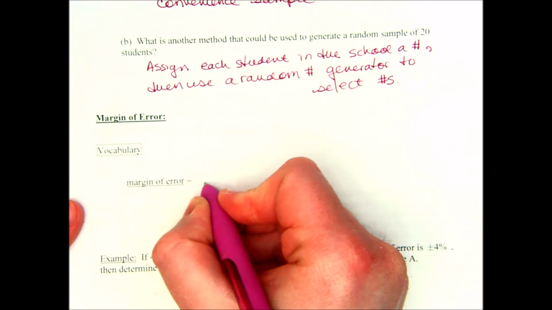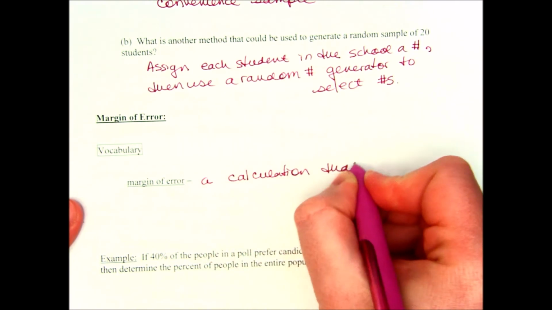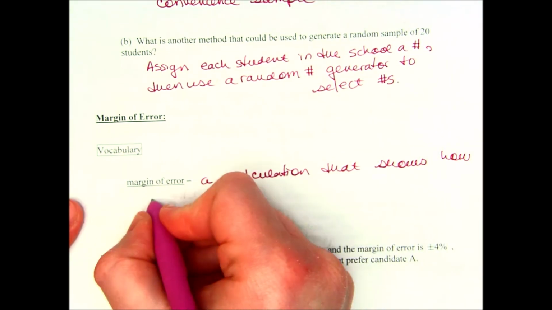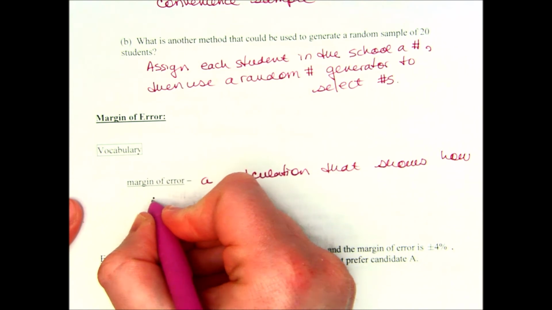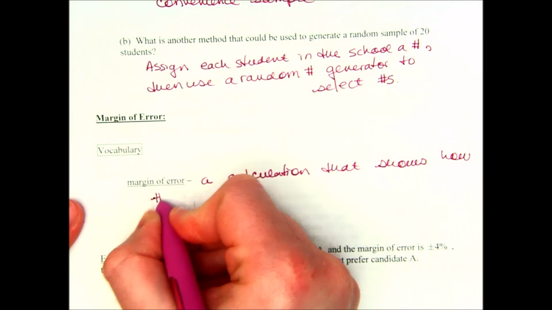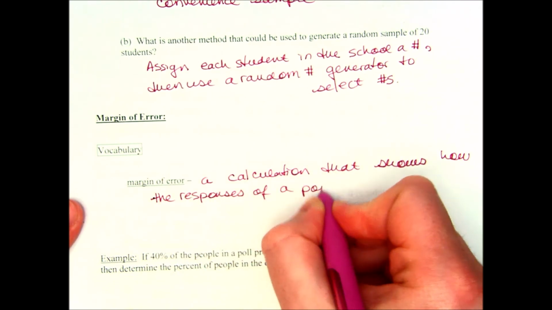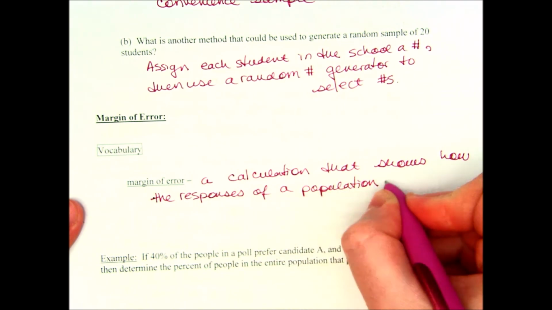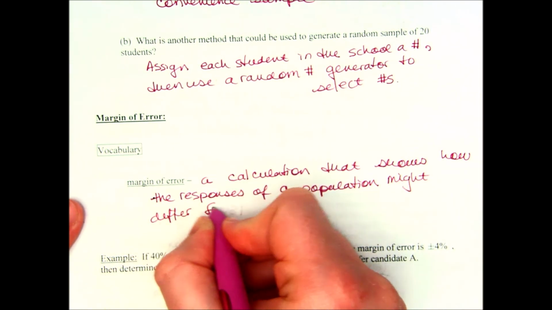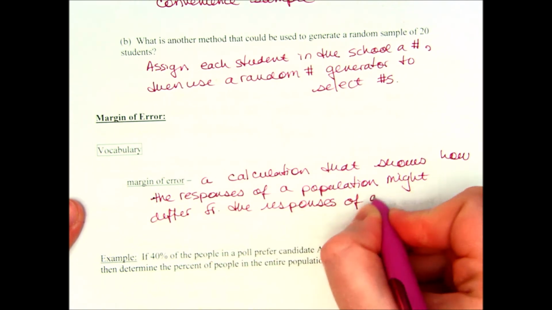We're going to define this as a calculation that shows how much the responses of a population would differ from the responses of an unbiased sample.